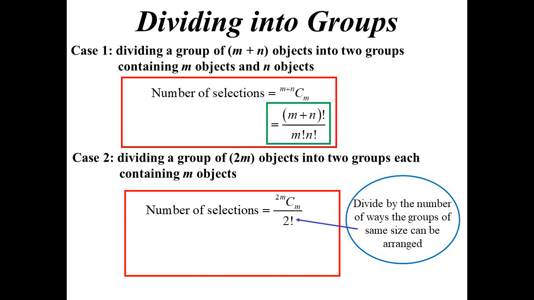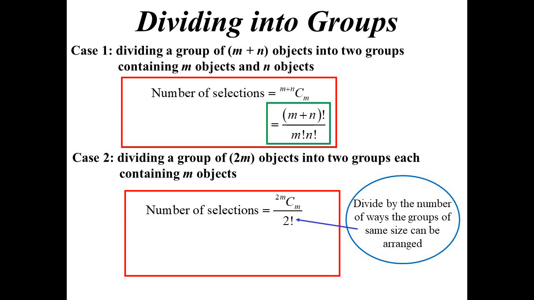But another way I could have done it is I could have chosen these 5 first. And then they automatically become the other group. But I've ended up with the same groups. So the actual order that I selected the groups, whether I chose this group first or whether I chose this group first, doesn't matter. So I divide by the number of ways those 2 groups could have been arranged.